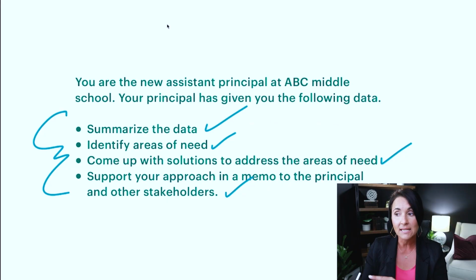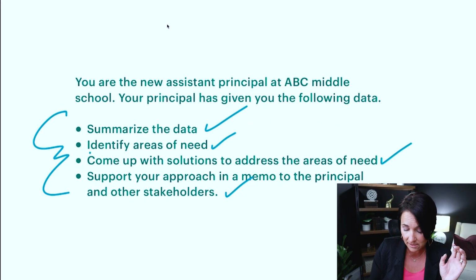If you start trying to solve 100 problems, your essay is going to become very jumbled, incoherent, unorganized, and it's just not going to be good. So I highly recommend that you find one thing, unless the prompt asks you for 3 things or 2 things. In this case, it says identify areas of need. It's not specific.